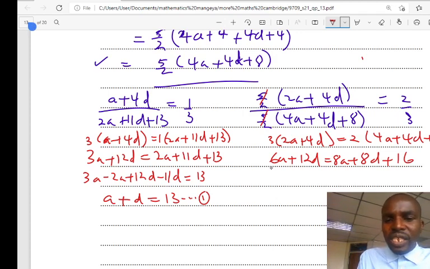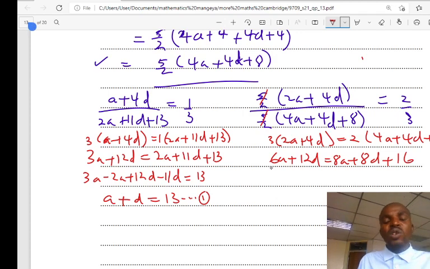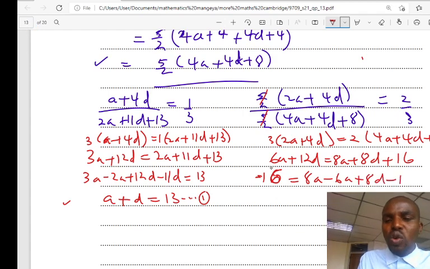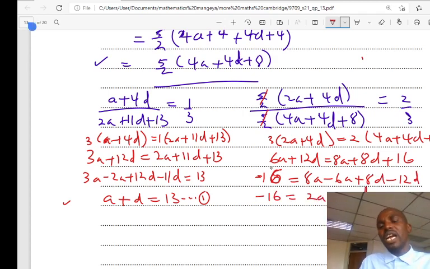So that the coefficient of a is positive, to avoid working with negatives, I subtract 16 on this side, so minus 16 is equal to 8a minus 6a plus 8d minus 12d, which is 2a minus 4d.